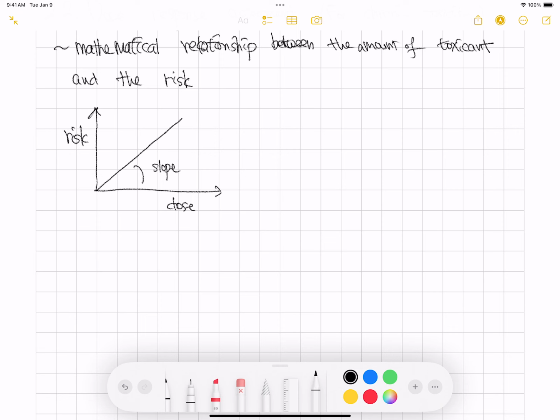The slope is PF, potency factor, and dose is basically CDI, chronic daily intake.